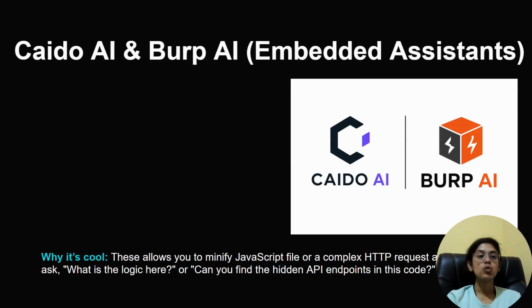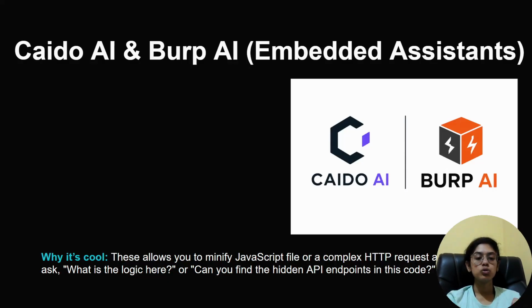Next is Caido AI and Burp AI. Of course, most of us also use Burp Suite and Caido, but for basic tasks, right? We just intercept the request, change it, and send it to Repeater, Intruder, etc. But these tools also have specialized, embedded AI assistants.